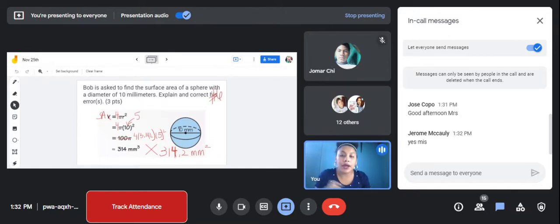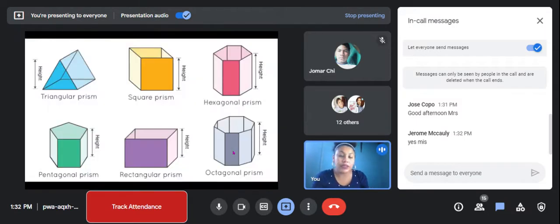So now we're going to continue. Let me go back to my PowerPoint. We're going to continue with prisms. The surface area of a prism is the same idea. If we look at the triangular prism, we want to find the area of the triangle at the front, the triangle at the back, the quadrilateral on the 2 sides, and the quadrilateral at the bottom.